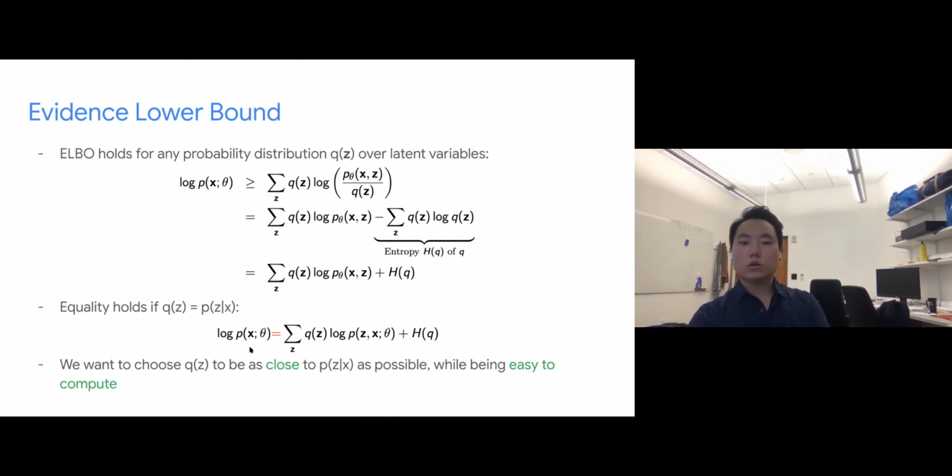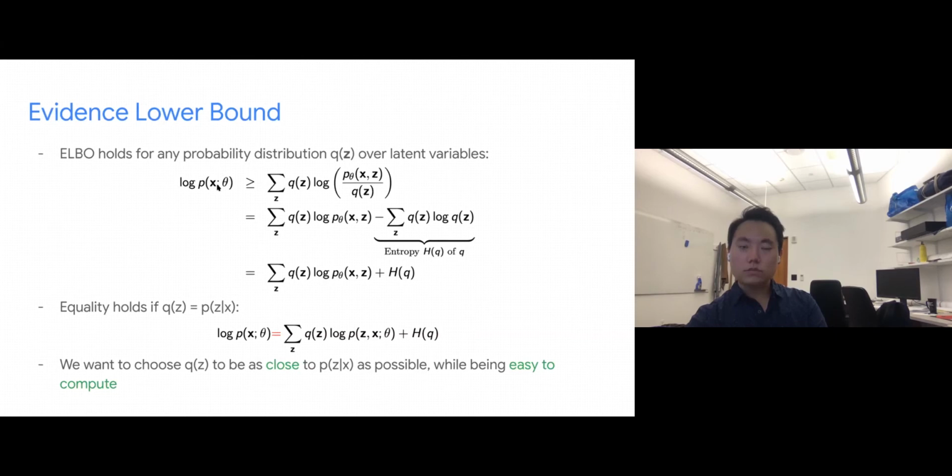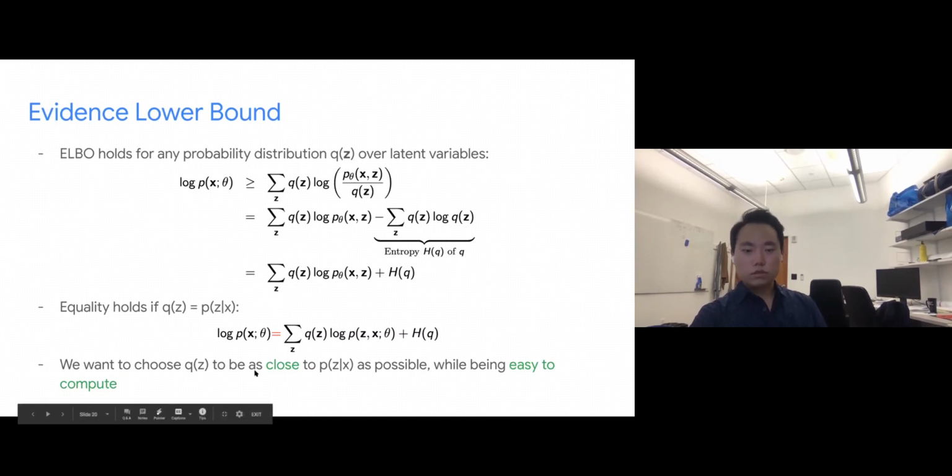Instead, we're going to try to choose Q of Z to make the evidence lower bound, which is a lower bound to your data log likelihood, as tight as possible, so that by maximizing this evidence lower bound, I can also approximately maximize my data log likelihood. So I want to choose Q of Z to be as close to P of Z given X as possible while being easy to compute.